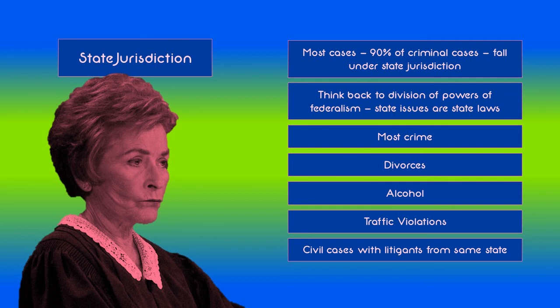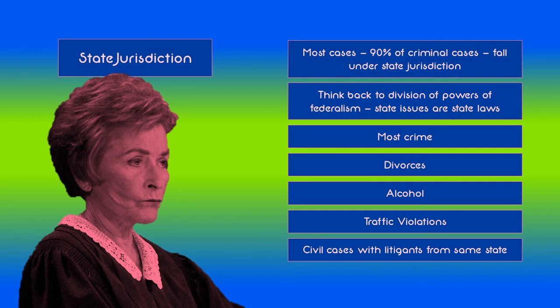So here we see, this might be maybe the most famous judge we have in the United States. This is Judge Judy. Judge Judy, actually a real judge in the state of New York. A long time ago, she would have actually been a judge in real cases before she moved on to TV judge. But state jurisdiction is going to cover things that are state laws.